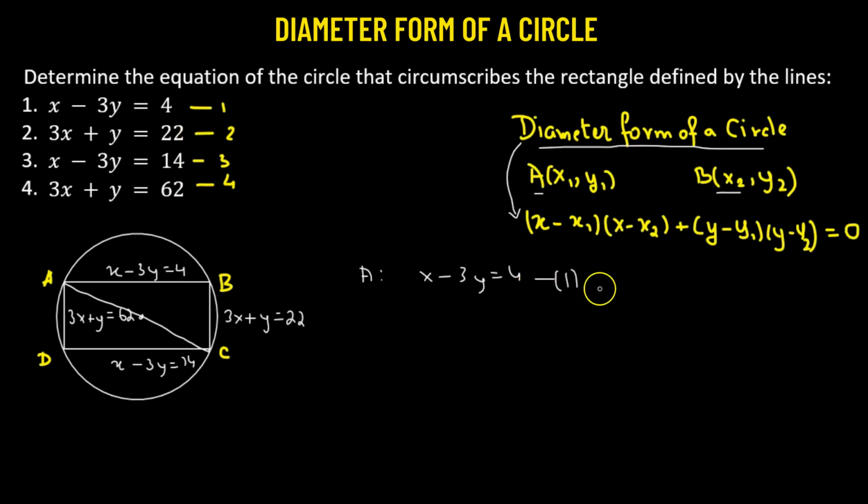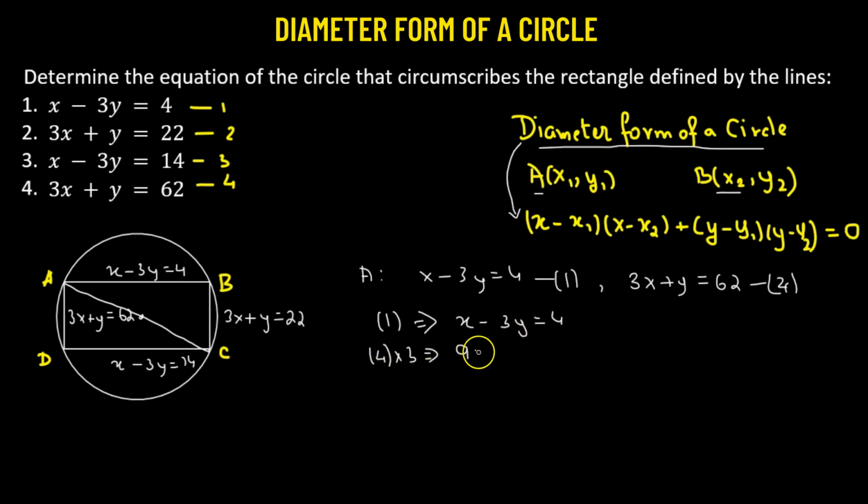Equation 1 is x minus 3y equals 4, and equation number 4 is 3x plus y equals 62. We'll keep equation 1 as it is, and multiply equation 4 throughout by 3. So we have 9x plus 3y equals 186. Now we add the two equations. We get 10x, the 3y and negative 3y cancel out, and 186 plus 4 is 190. So x comes out to be 19.